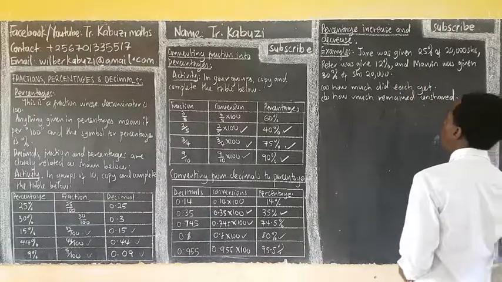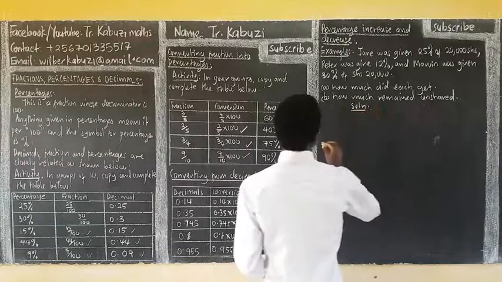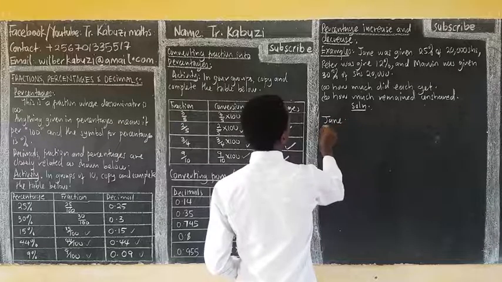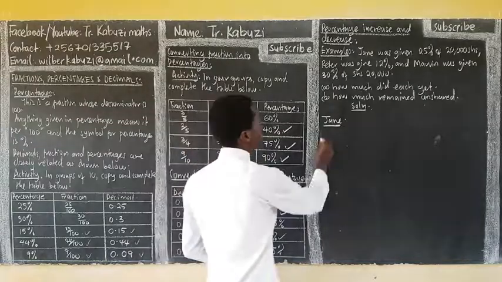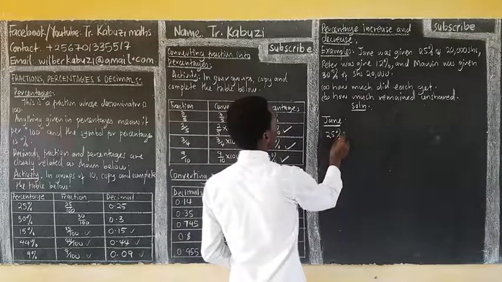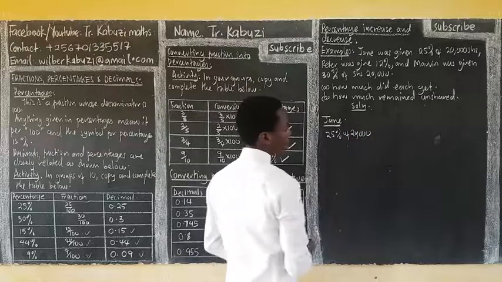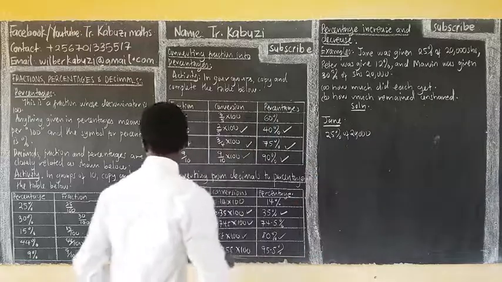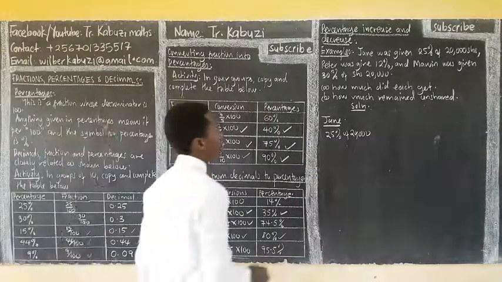So there we try, for Jane. We are going to see how much Jane got. So Jane got 25% of 20,000 shillings. And we said of means times, and we saw that 25% in fraction is the same as 25 over 100.